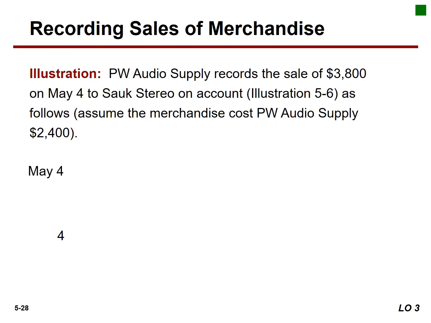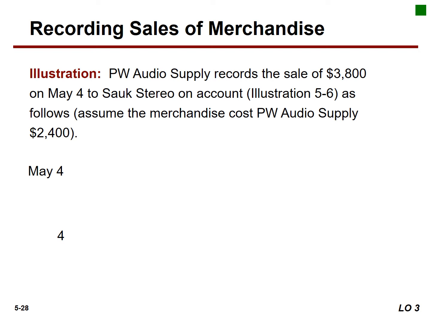So back to our sale of $3,800 worth of merchandise from PW Audio Supply, the seller, to Salk Stereo, the buyer. We are given that the merchandise cost PW Audio Supply $2,400. So when PW Audio Supply purchased this inventory from their supplier, it cost them $2,400.